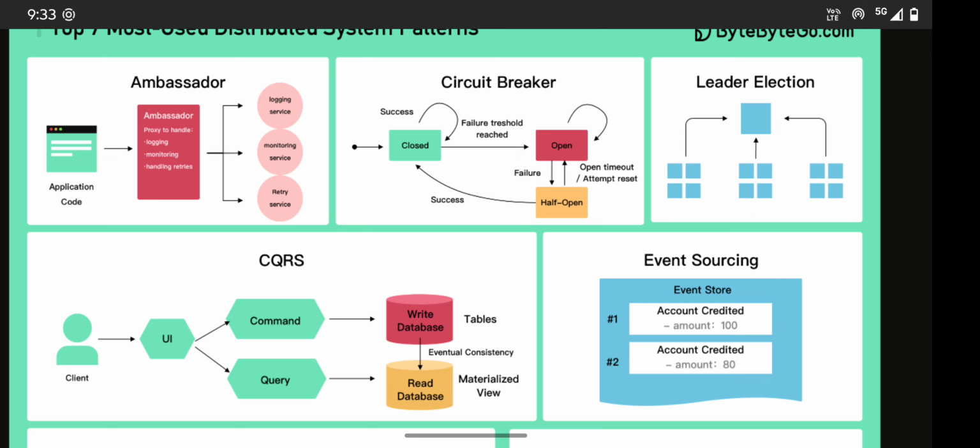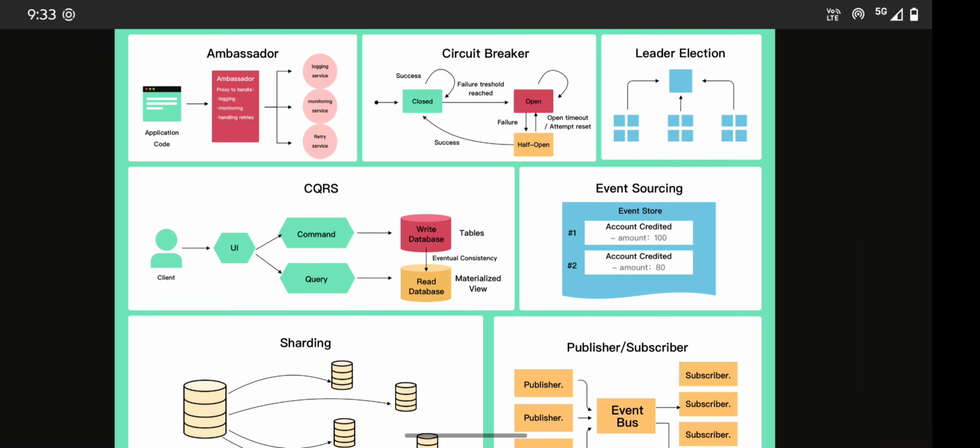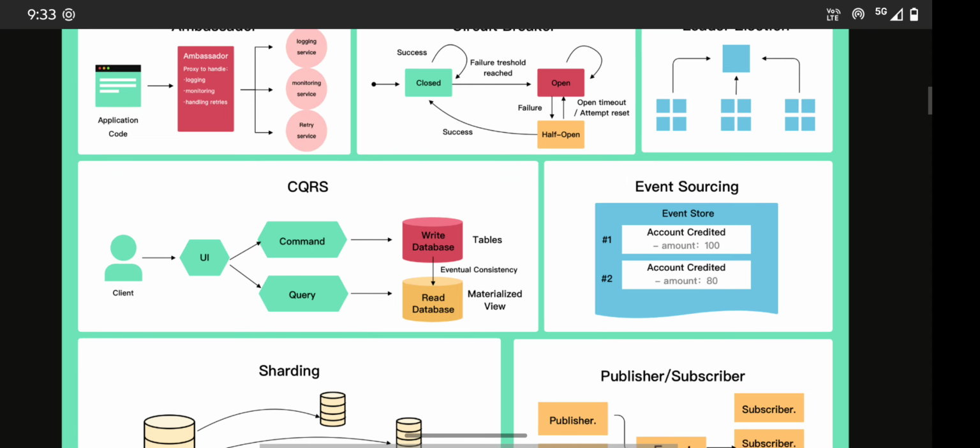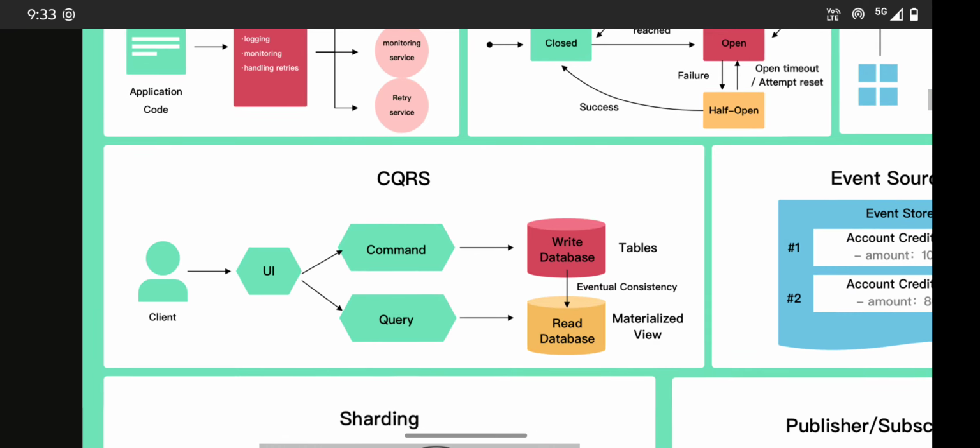And if the master is down, immediately another worker node among the multiple distributed nodes will be elected as the master node. So that is why the leader election design pattern is also an important thing. You need to consider that.